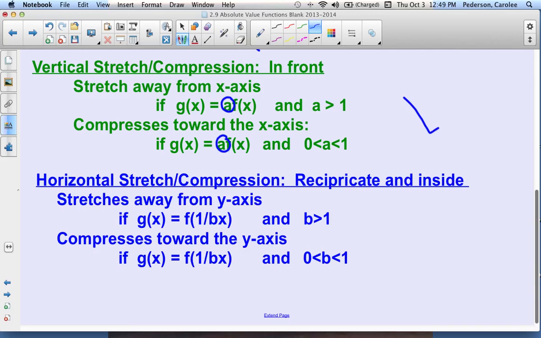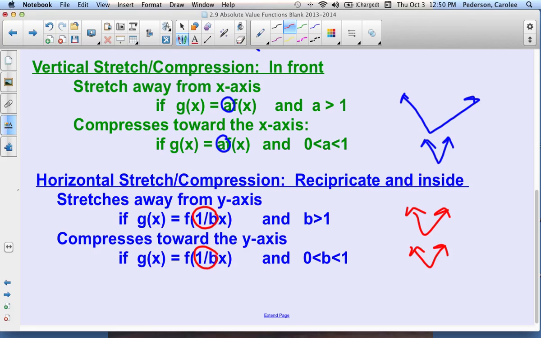They either make the graph wider or skinnier. And then the same thing happens with our horizontal stretches and compressions. There's going to be a fraction or a whole number that's greater than 1, and they're going to also make our graph wider or smaller.